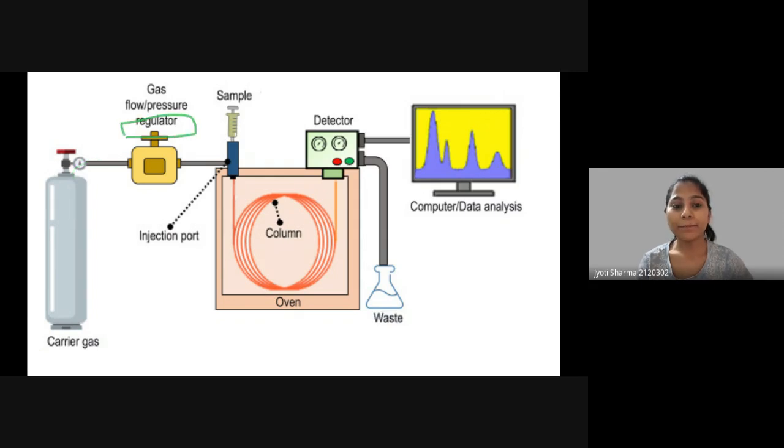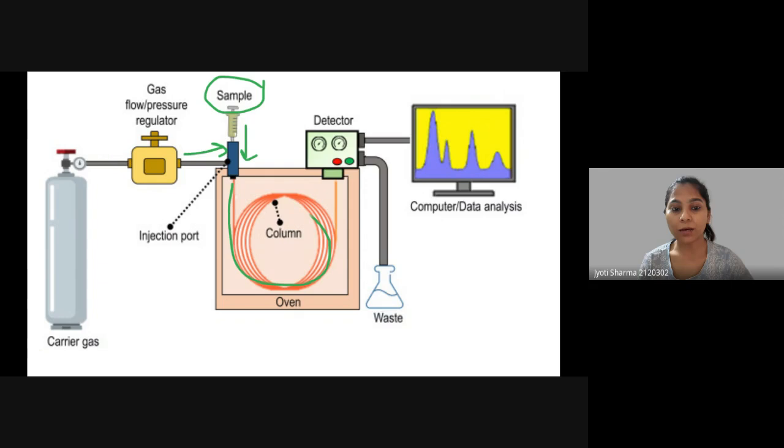Then we have the sample, which we have extracted in solvent first. We already talked about how we can extract or concentrate it. So we will inject the sample here, but here we have the carrier gas, so this sample will go along with this carrier gas.